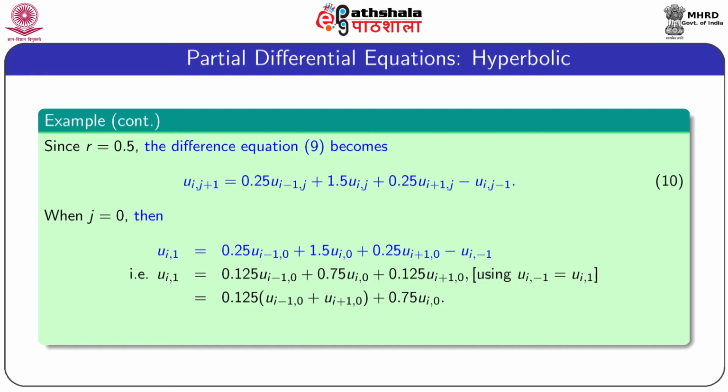And this expression can be grouped as 0.125 times [u(i-1, 0) + u(i+1, 0)] + 0.75 u(i, 0). So, this expression gives the value of u(i,1) for all values of i.